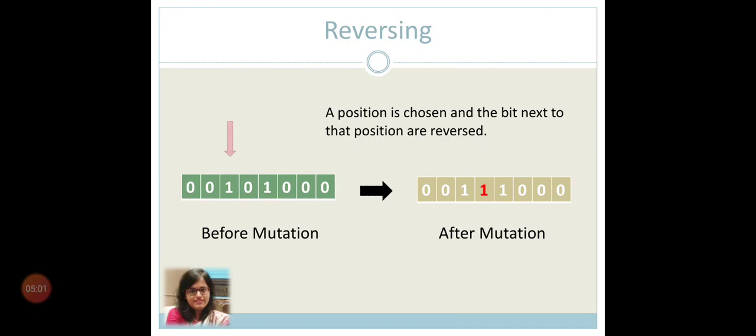So at the fourth position, the value will be reversed. That is, at the fourth position, the value will be 1. So the parent chromosome value was 00101000. After mutation, the result will be 00111000. This is the reversing technique of mutation for binary coded GA.